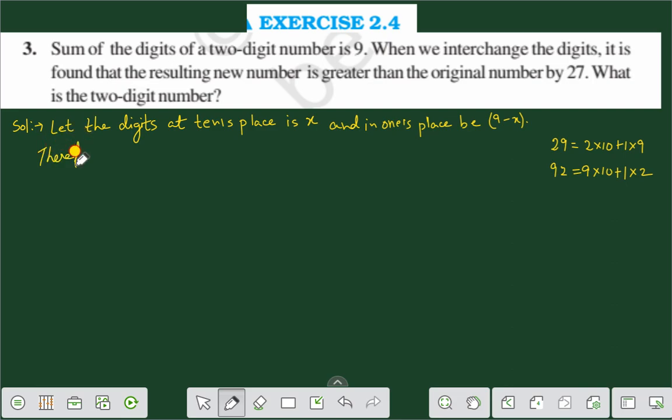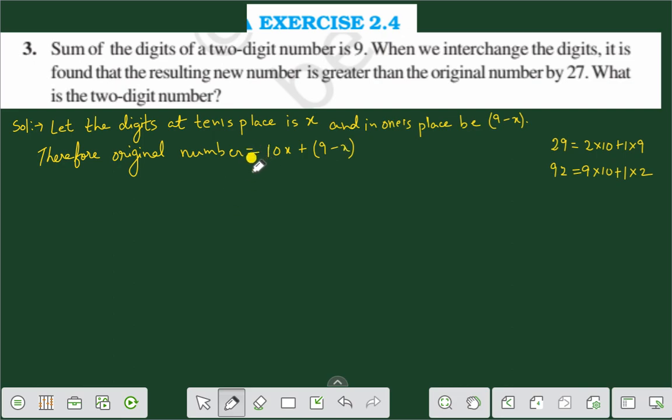Therefore the original number is equal to 10x plus 1 into 9 minus x, that is 10x plus 9 minus x.